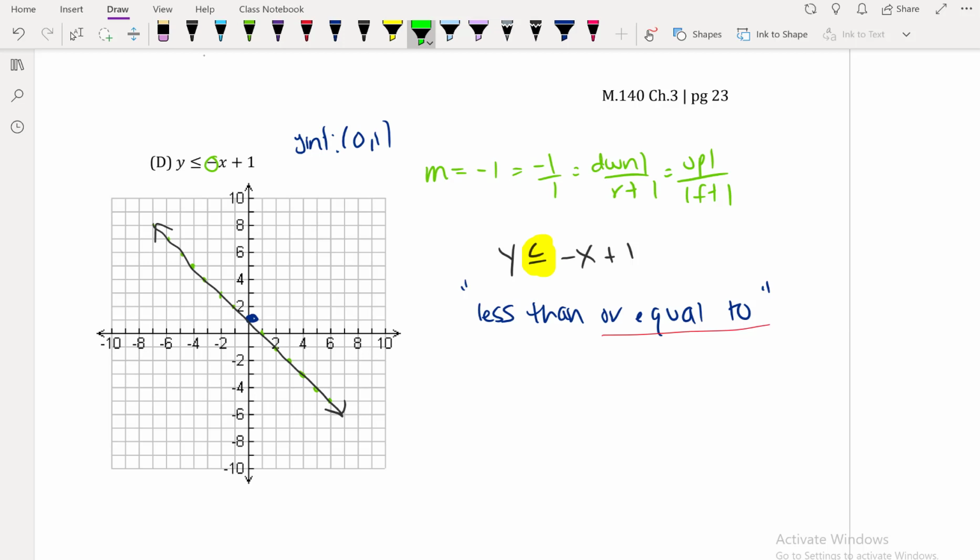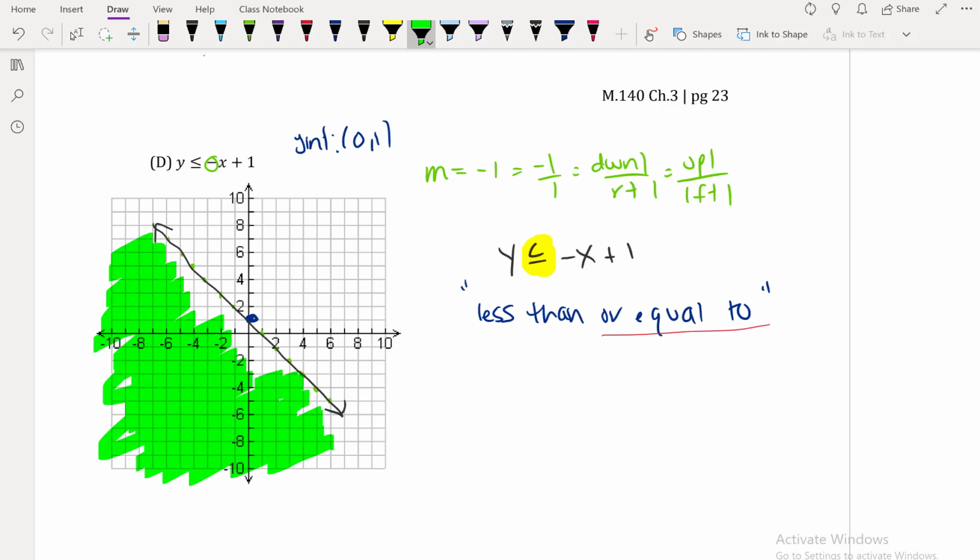And since it's less than, then that means below. So this is where I'm supposed to be shading for this graph.